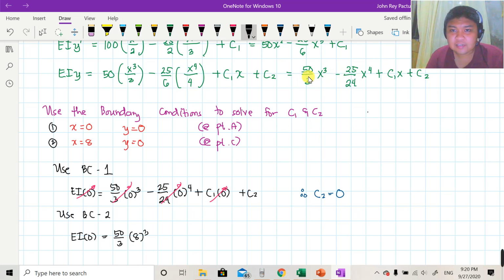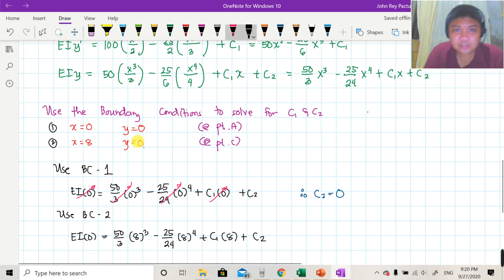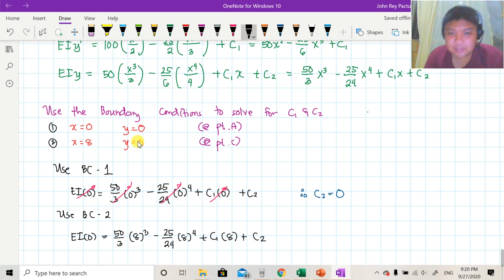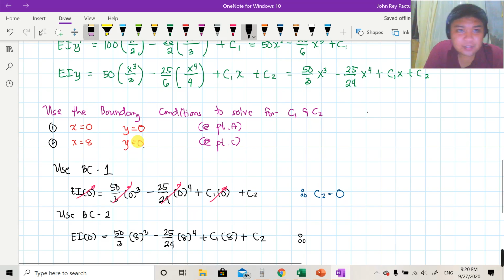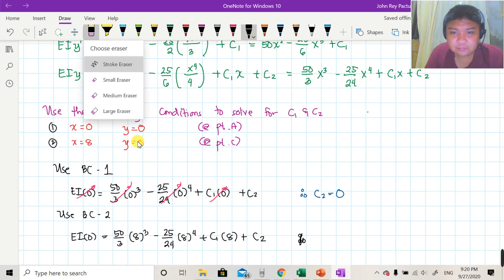Kasi nga, di ba, yung x magiging value of 8. Ito siya. So, minus 25 over 24 times 8 to the fourth plus c sub 1 times 8, yung x is 8, plus c sub 2. So, yun. Hanapin na lang natin yung c sub 1. Bahala ka kung paano. Pwede nga ito using shift solve na lang, di ba?